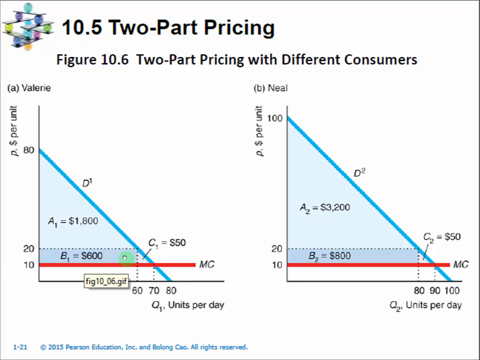And this $5,000 is better than if we charge $24.50, the complete consumer surplus on Valerie. If we do that, we charge $24.50 on Valerie and $24.50 on Neil, and both of them pay the marginal cost as the per unit price.